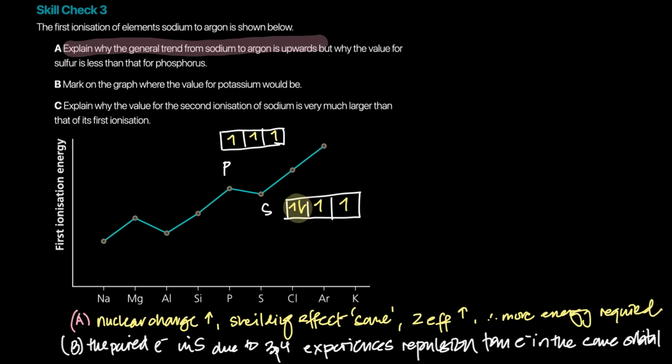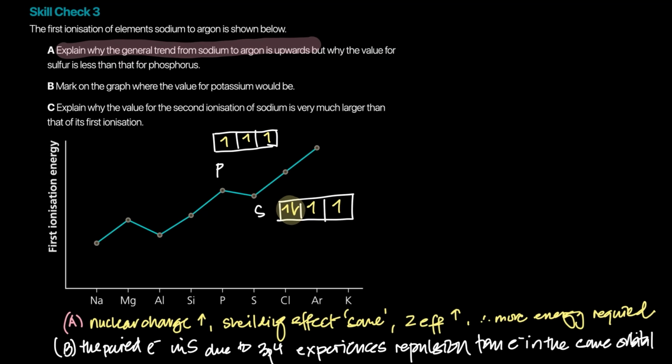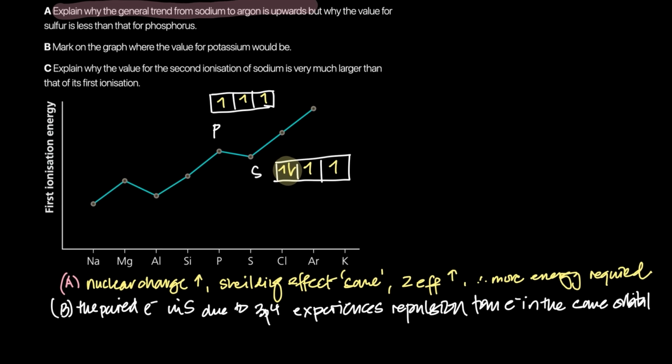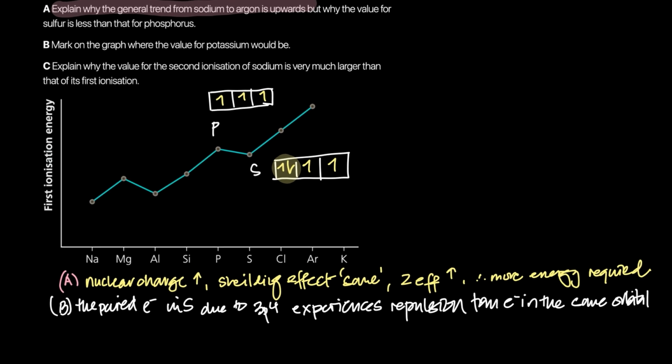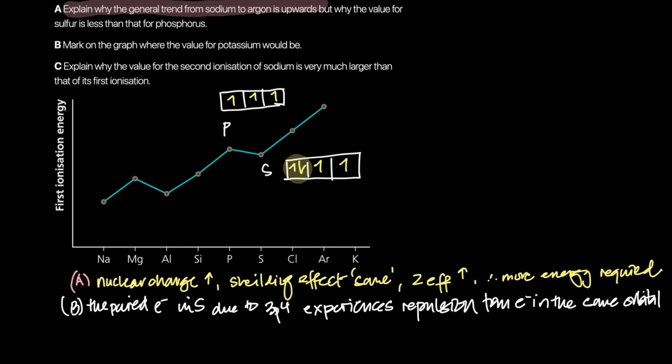And because of that, you could say that it requires less energy. So it experiences repulsion, therefore requires less energy. That's the most basic reason. You can give the second one also, but this has to be there first. So this is part A's second part.